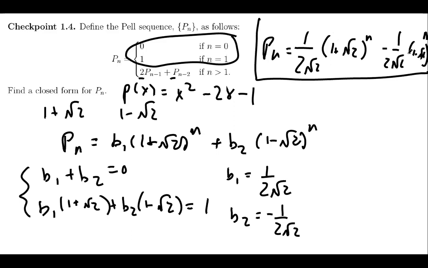Yikes. Okay. So that's how we can use the characteristic polynomial to get the closed form.